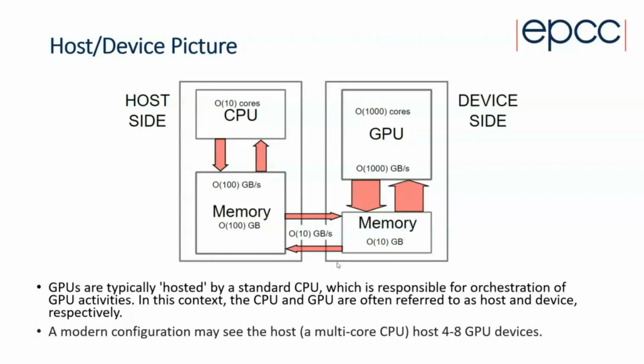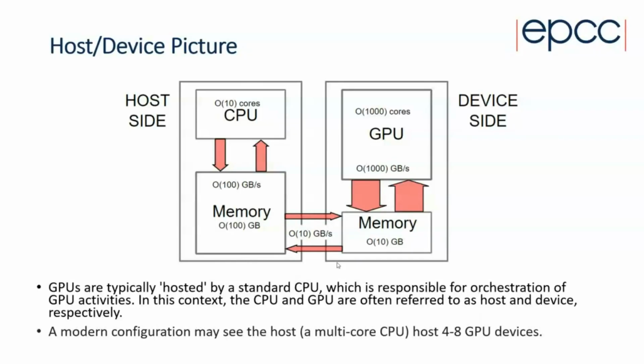I then usually have a bottleneck: a very small speed to be able to get between the CPU and the GPU. I then have a reasonable sized memory on the GPU, but a very fast way to move data into the GPU from that memory. And often the first thing we're going to discuss when we do a little bit of programming is this transfer of data between the CPU and the GPU, and how the CPU is orchestrating the operations of the GPU.